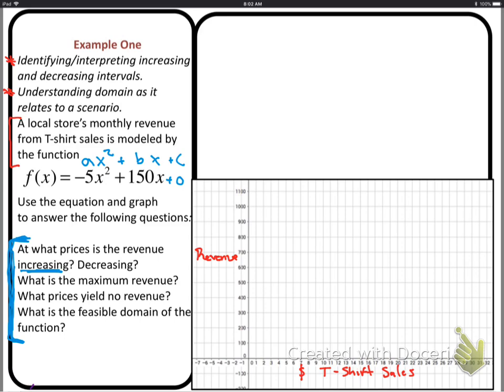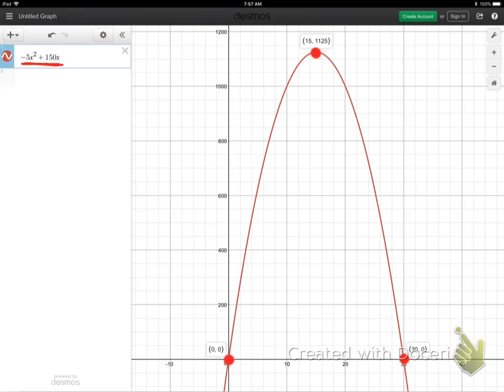So where do we have our increase? If you look at our graph, we read our graphs from left to right, so we're starting from the left. Starting from 0, 0 and following our graph, we notice that our graph is going upward all the way up until we reach the vertex. So here we have an increase.